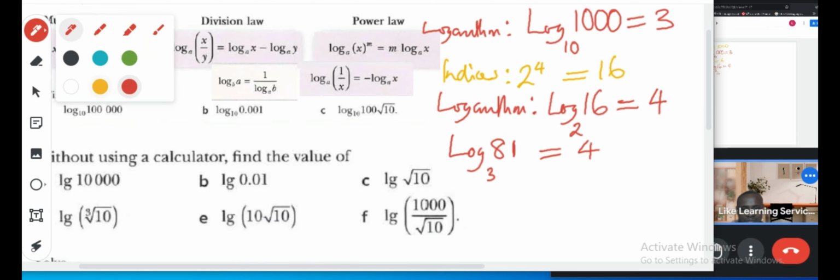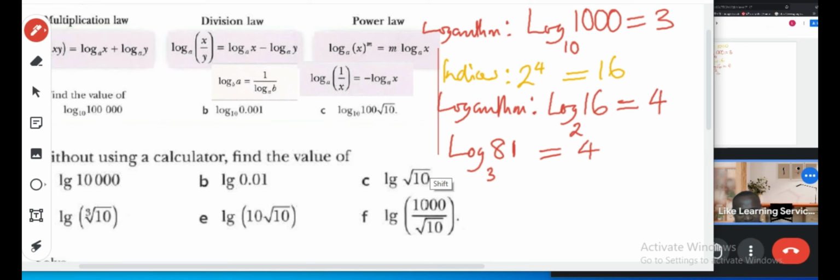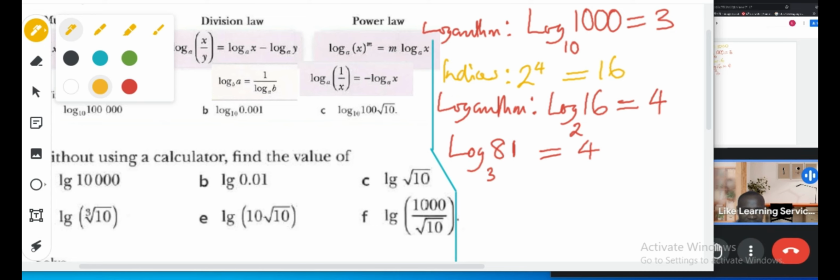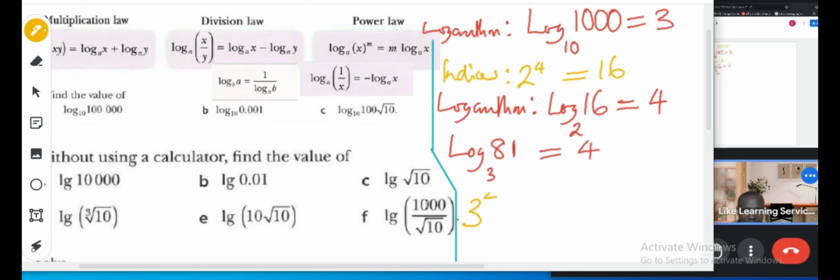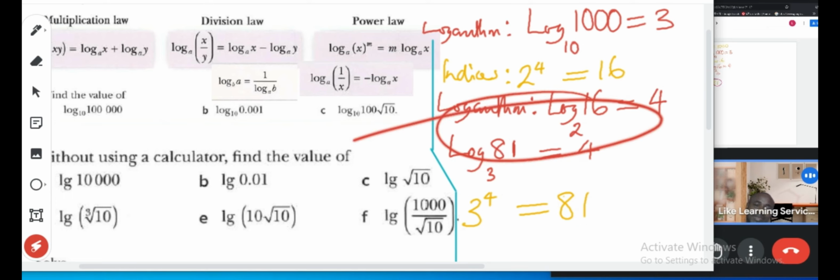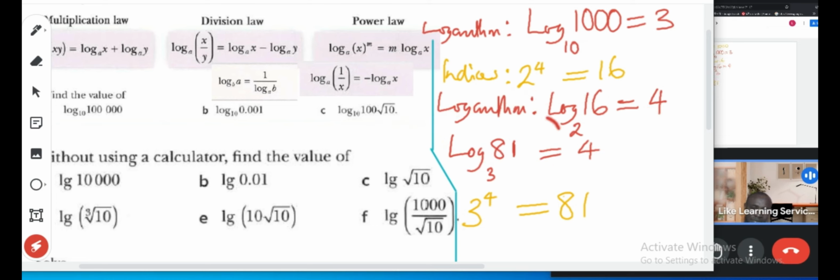What will it be? 3 raised to the power 4 equals 81. I like that. If you check, 3 times 3 times 3 times 3 will give you 81. So logarithm is just another way of expressing some indices.